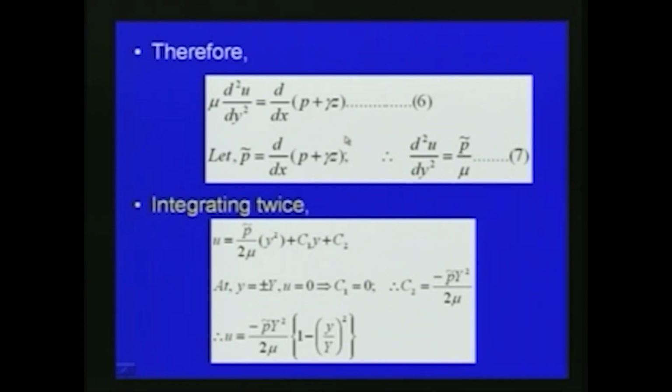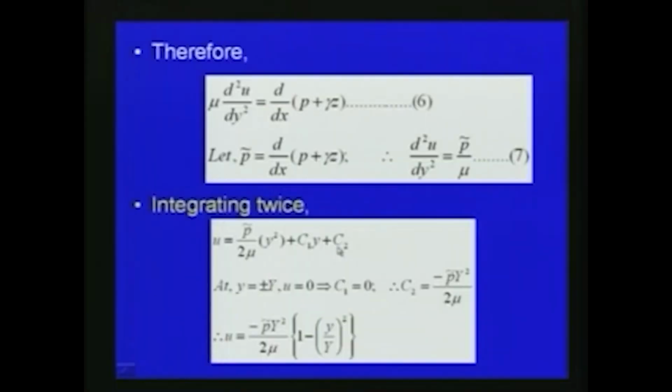Our aim is to get an expression for velocity, so we integrate this expression two times and write u is equal to P tilde by 2μ y² plus C1 y plus C2.